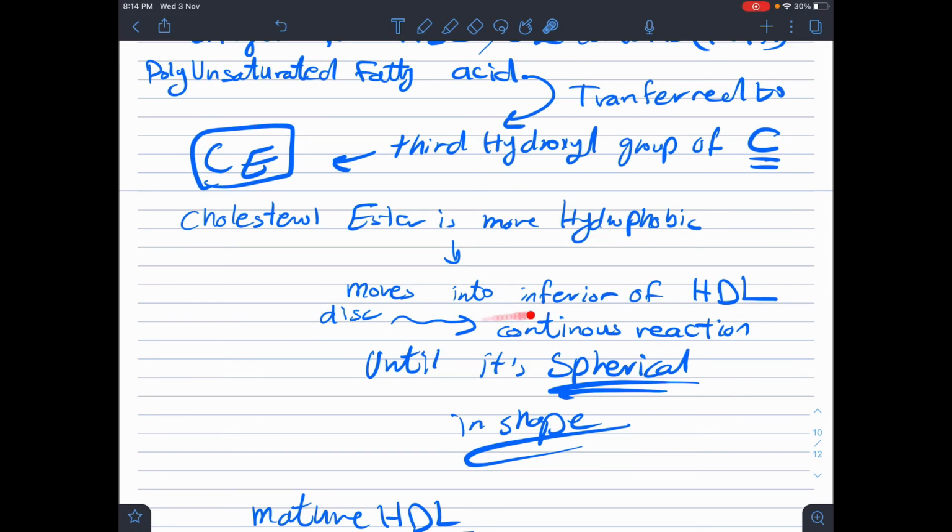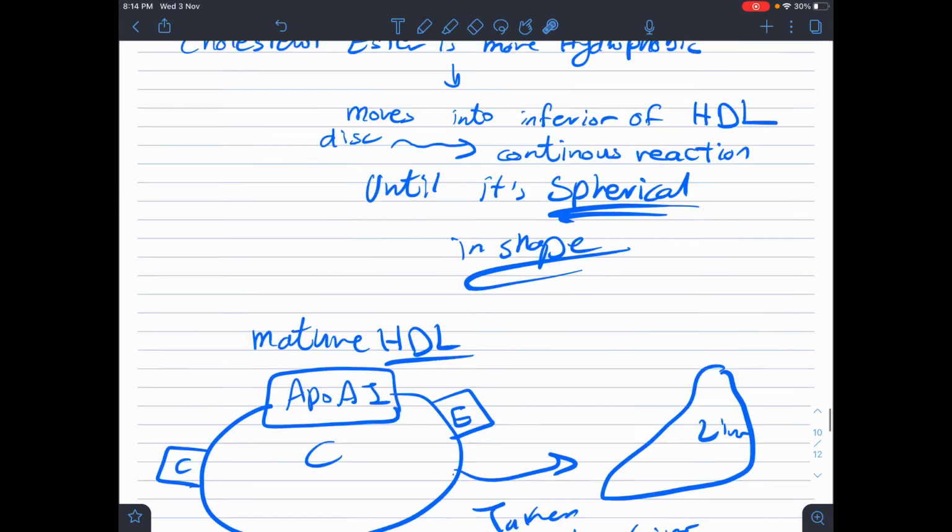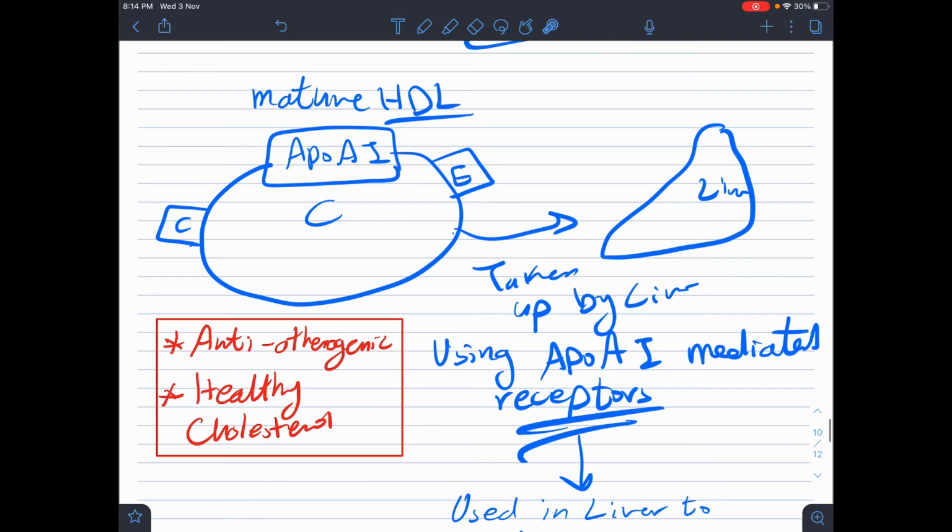It's going to move to the interior of the HDL disc. Then this reaction converts the nascent discoid HDL into a spherical HDL. So basically this is the mature HDL. Now it's spherical. It contains the cholesterol ester, esterified because it's more hydrophobic than the normal cholesterol. This is the mature HDL.